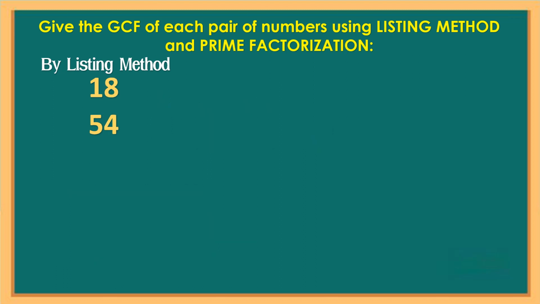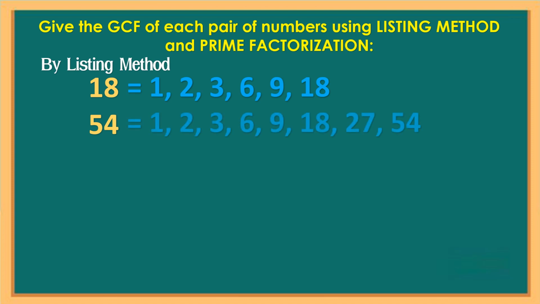18 and 54 using the listing method. 18's factors are 1, 2, 3, 6, 9, and 18. How about 54? We have 1, 2, 3, 6, 9, 18, 27, and 54.